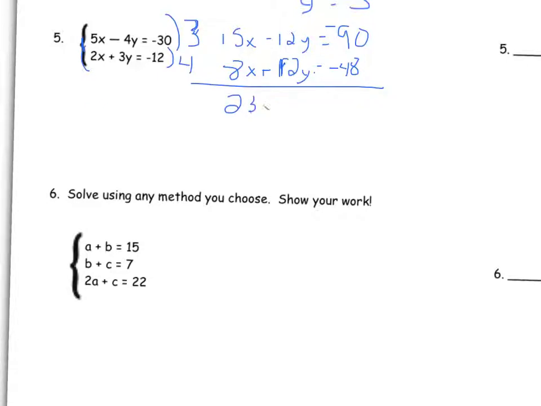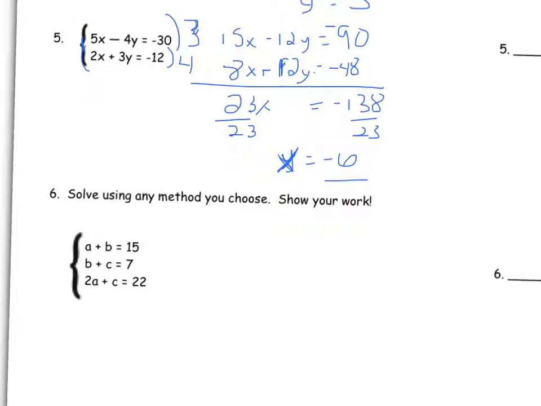That gives me 23x, my y's cancel, equals negative 138. I'm going to divide by 23, so x equals negative 6. I hope you are pausing and fixing your paper as we go. So now, and I said y, but it's x. X is negative 6. So I'm now going to take that and plug it back in.